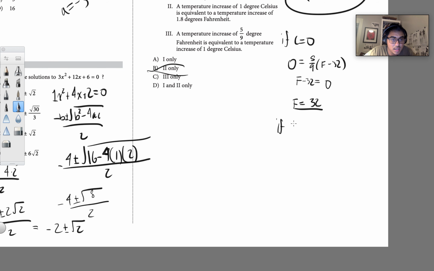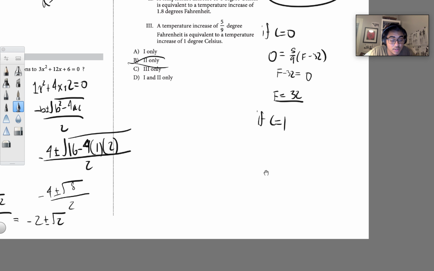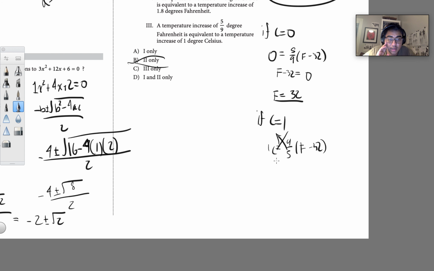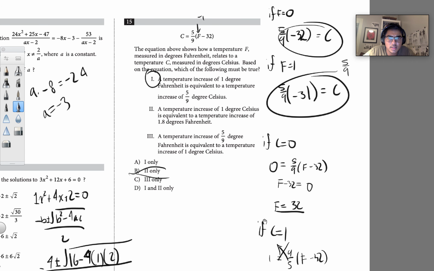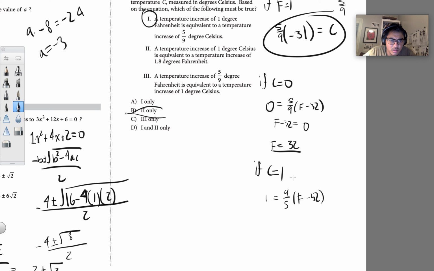That's what happens if c is equal to 0. Now if c is equal to 1, because we're talking about a 1 degree Celsius increase, it'll be 1 is equal to 9 over 5 times f minus 32. Wait, isn't it 5 over 9? Yeah, it is 5 over 9. Oh, I'm sorry, it's 5 over 9, not 9 over 5.